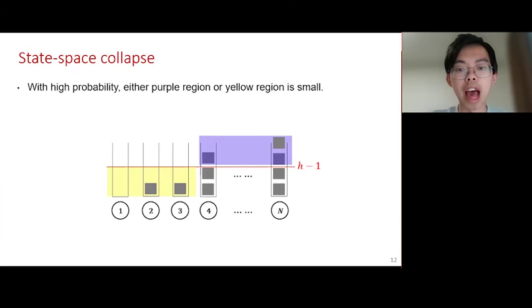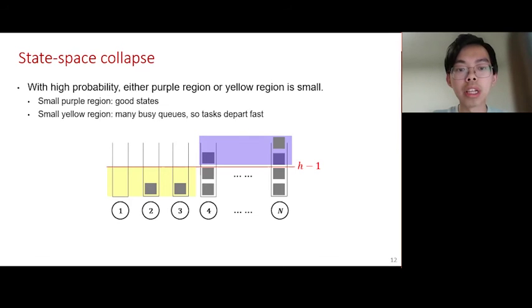It shows that with high probability, either the purple region in the figure or the yellow region will be small. Note that the two regions are separated by the threshold h minus 1. The implication is that when the purple region is small, there are indeed many spaces under threshold h, because this number is at least n times the area of the purple region.